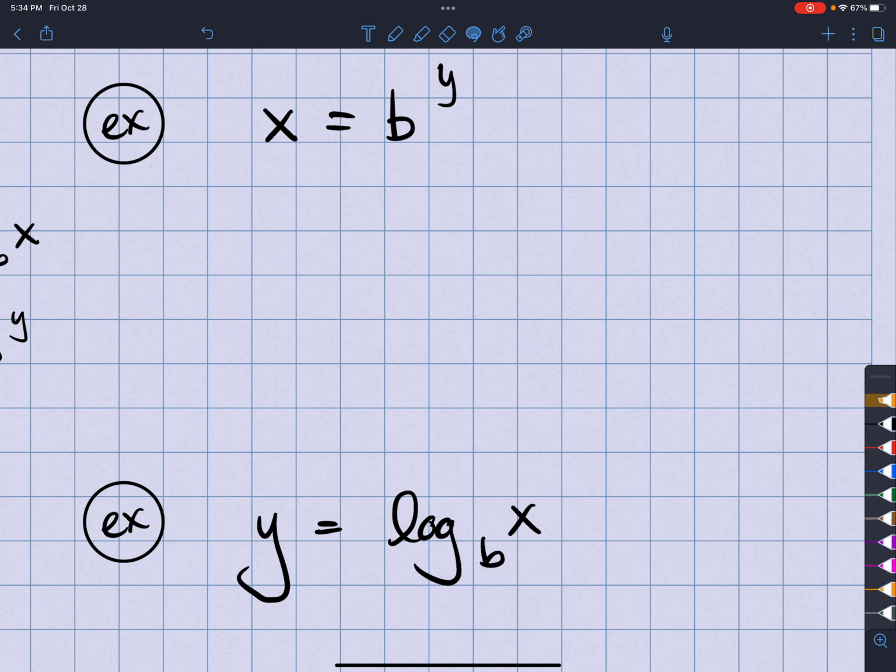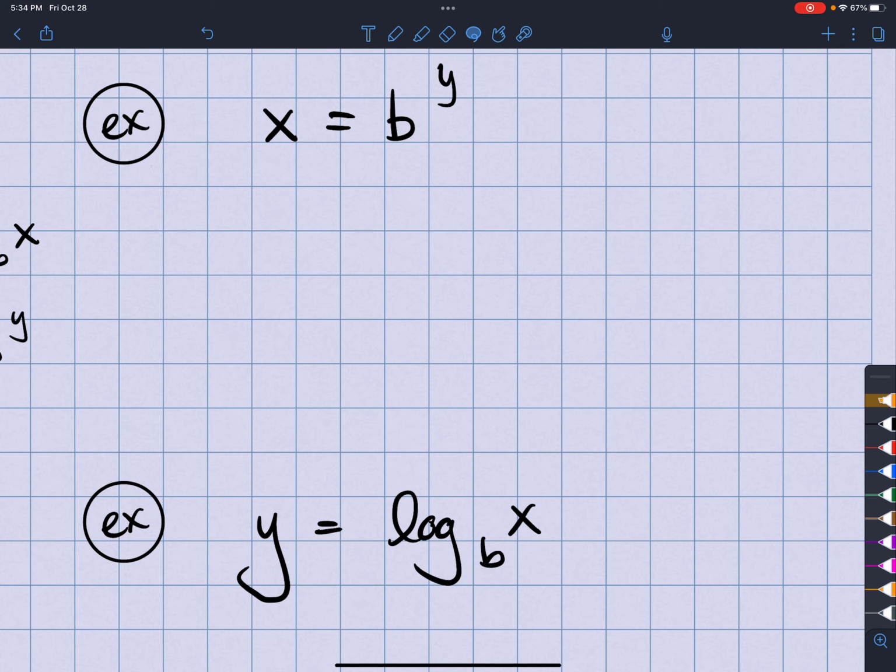Look at that right here. So log base b of b, essentially what happens is that it cancels each other out. So all that's left is just the y.